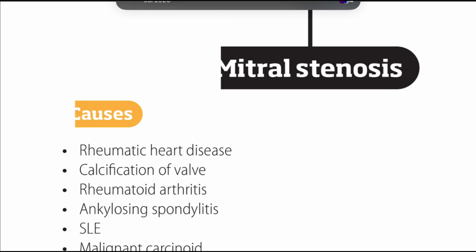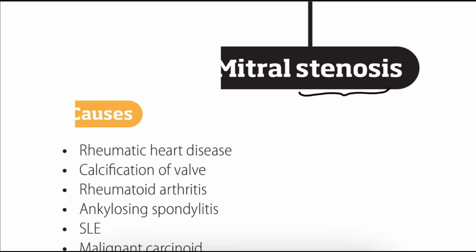So what is mitral stenosis? This is the main definition. Stenosis always means narrowing. Mitral stenosis is narrowing of the mitral valve causing obstruction of blood flow from the left atrium to the left ventricle during diastole.